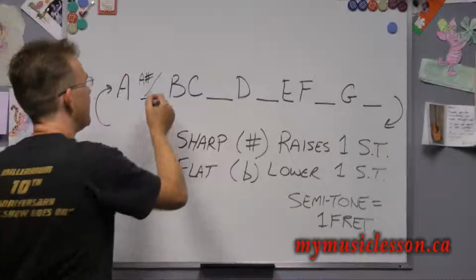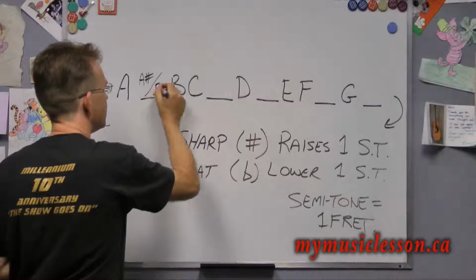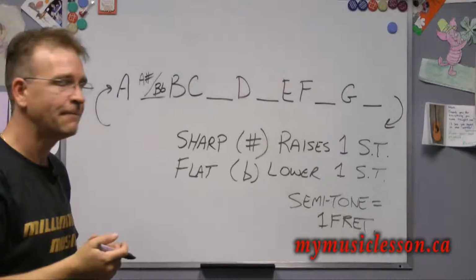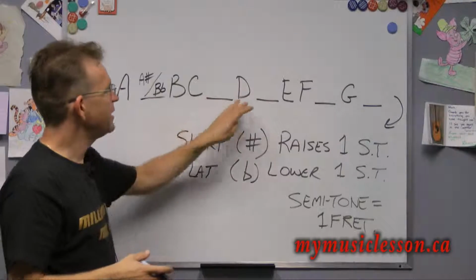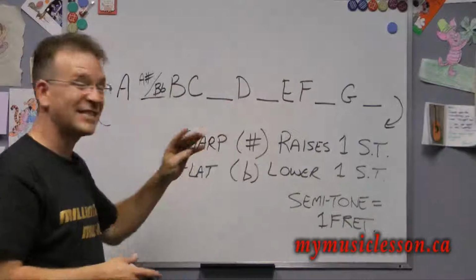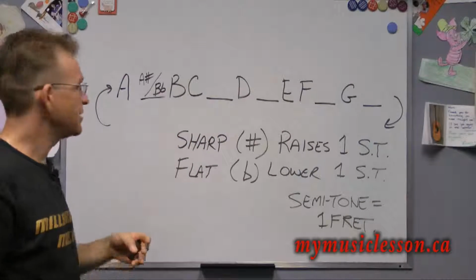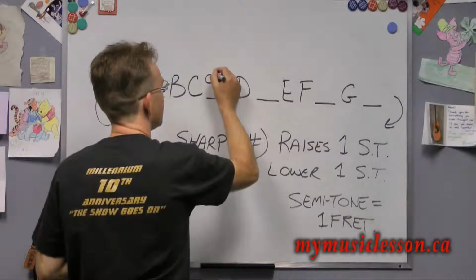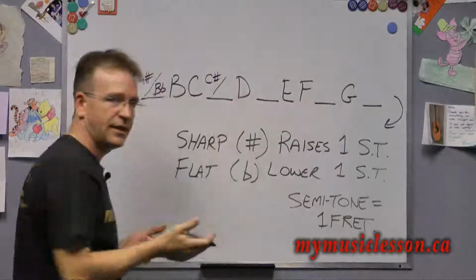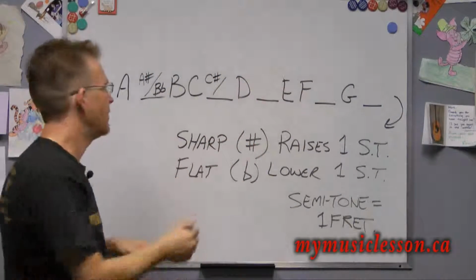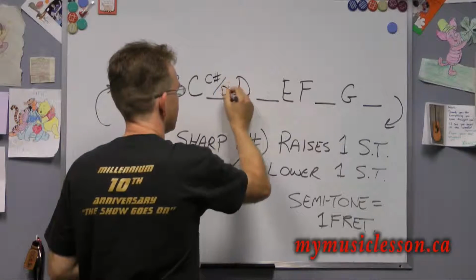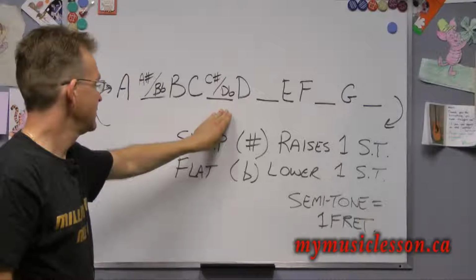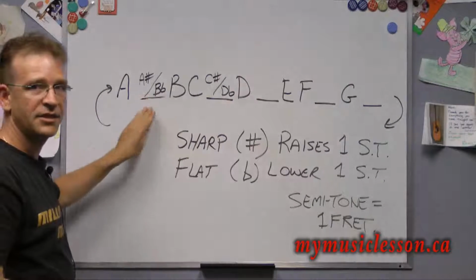Now I end up in the same place, but I can call that B lowered down, or B flat. All of these spots in between can be completed the same way. I take my C, I raise it up a fret, I get C sharp. I take my D, lower it down a fret, I'm back at D flat. Same note, same place.